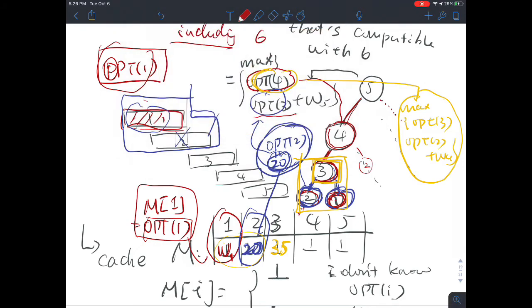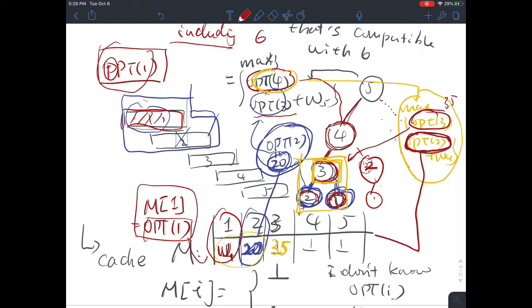Now you know that opt3 is returned from here. Say that it's 35, you get this number. Now you want to move to opt2. Originally you want to expand this opt2 again and do the recursion again. But before you start the recursive call, before you look into the solutions here, you see that it seems I have computed opt2, because m2 is not empty.